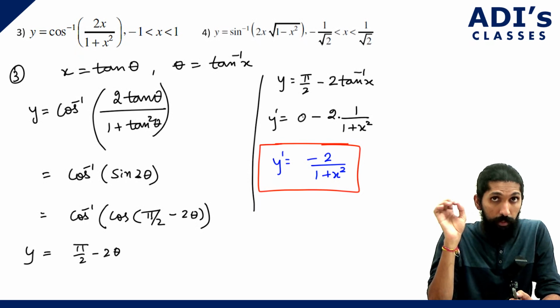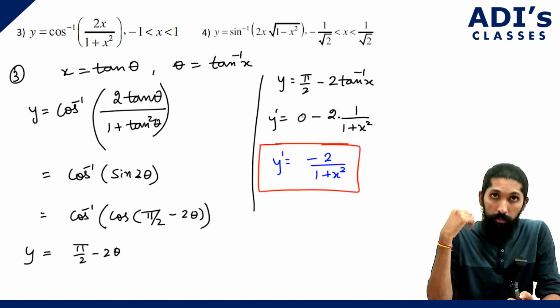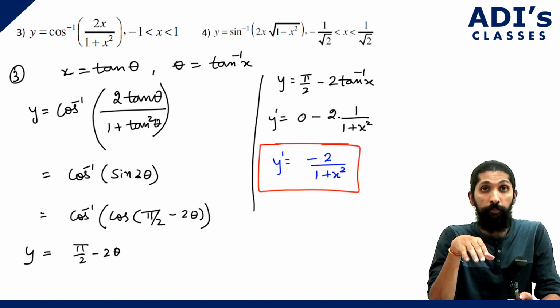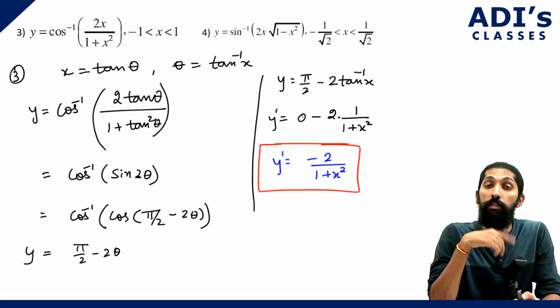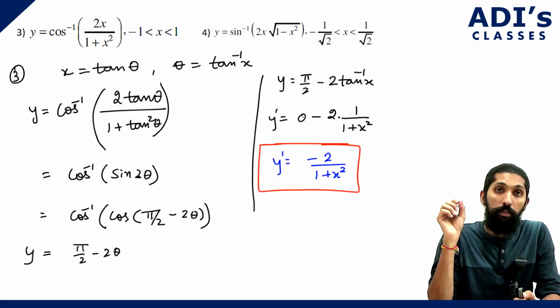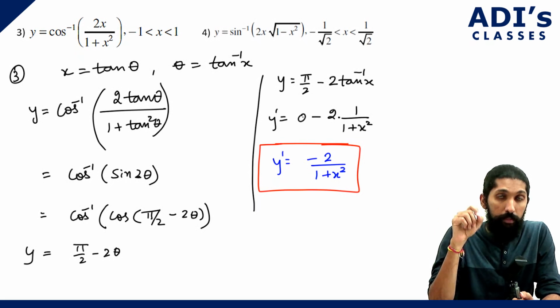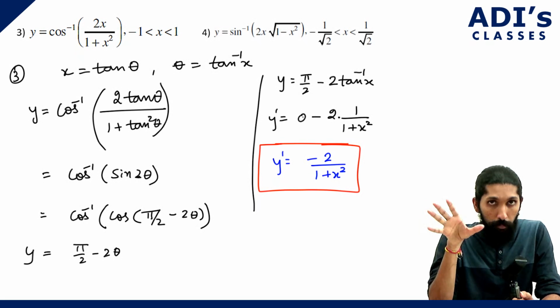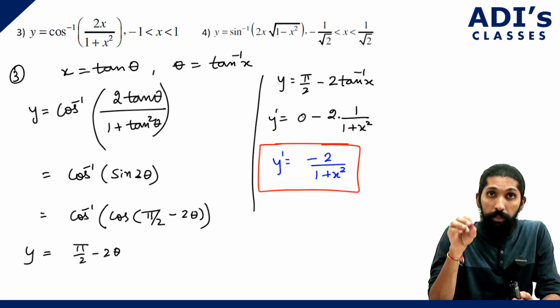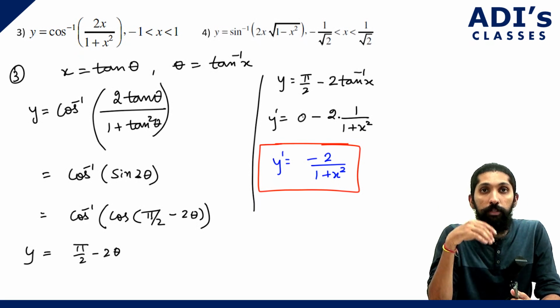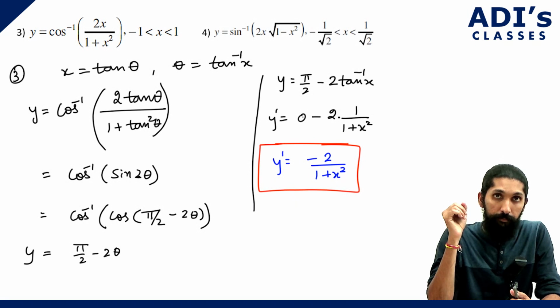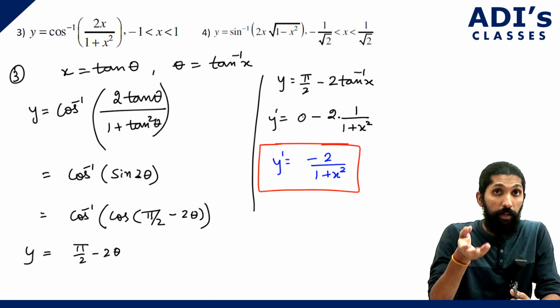Now, this is the reason why the derivatives are equal, but the functions are not equal. Obviously, the functions can change. But the slope of the tangent at that particular point is the same. That is why the derivative of the function is the same. Understood? This is one way of explaining.